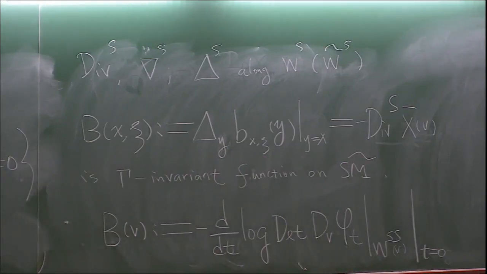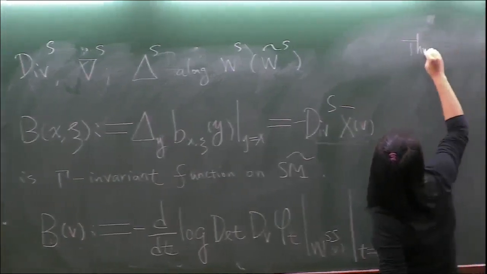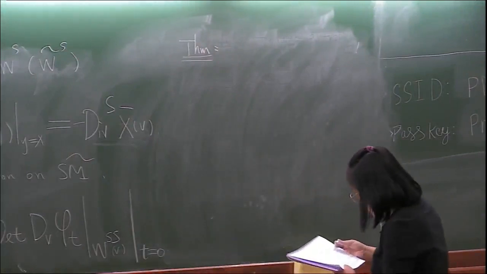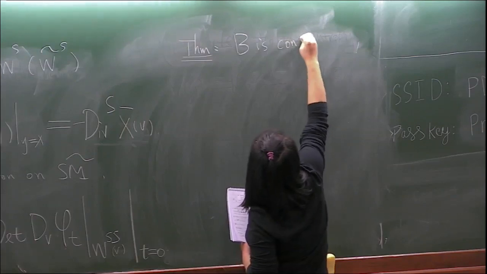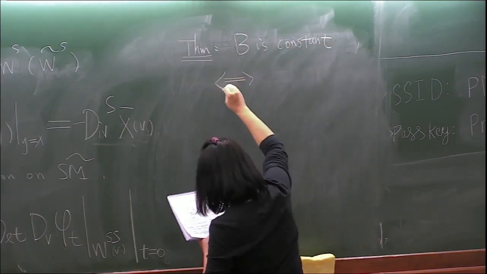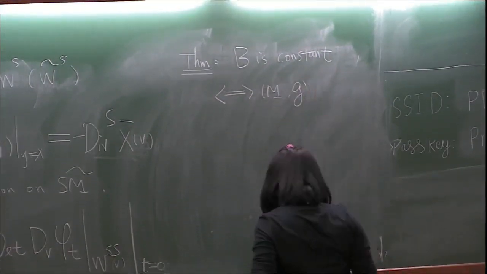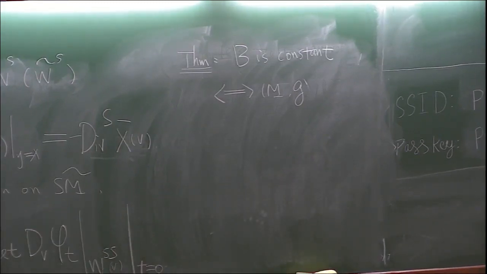Actually, you can already see it: this is the mean curvature of the horosphere of this Busemann function B. So there's a theorem which says B is constant if and only if this M is locally symmetric.